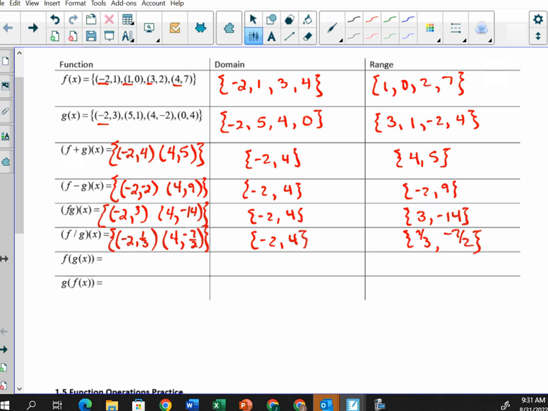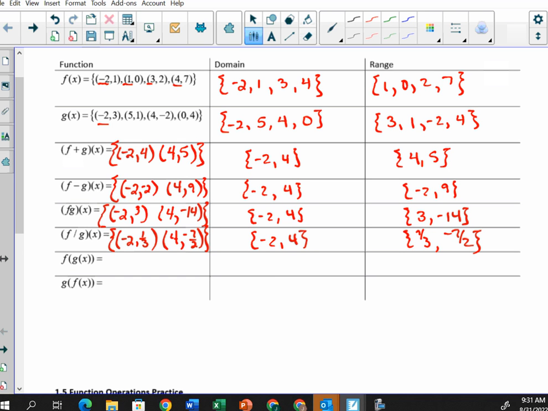Okay. F of g of x. Guys, you have to pay attention to this. It's not hard once you see it, but if you don't pay attention, you're going to look at it and go, huh? So we start on the inside. We're going to start with the g of x function. The input of -2 gives me an output of 3.